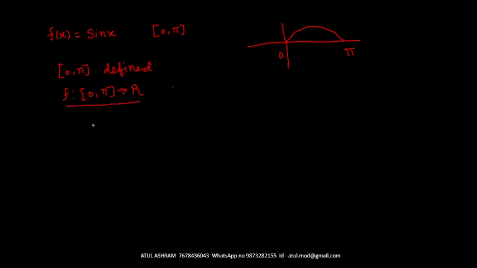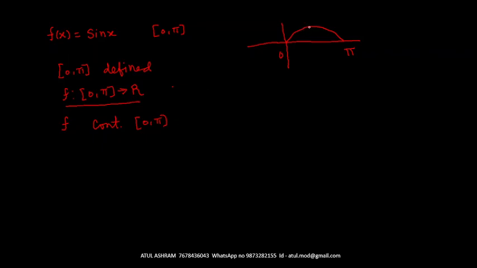Fine. Another thing, being a trigonometric function, this f is continuous. And it is also clear from the graph. It is continuous in closed interval [0, pi]. Also the graph is smooth everywhere.